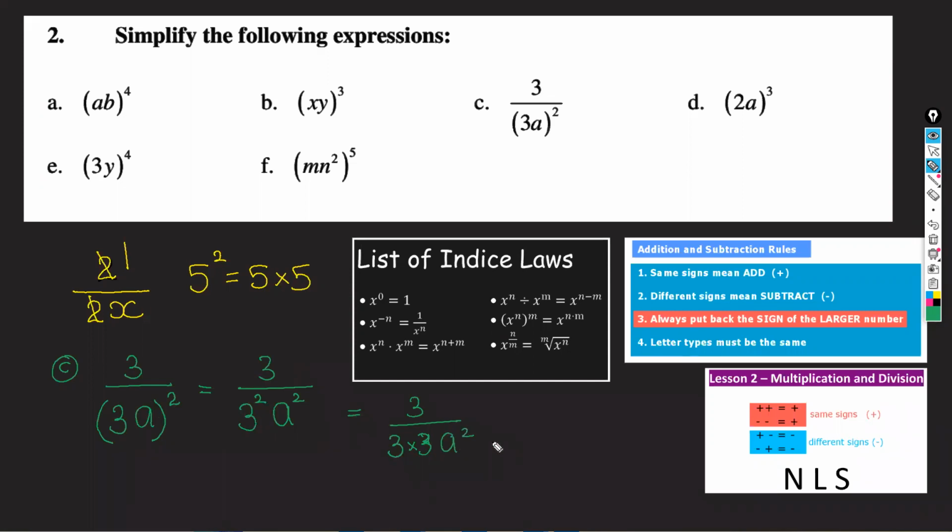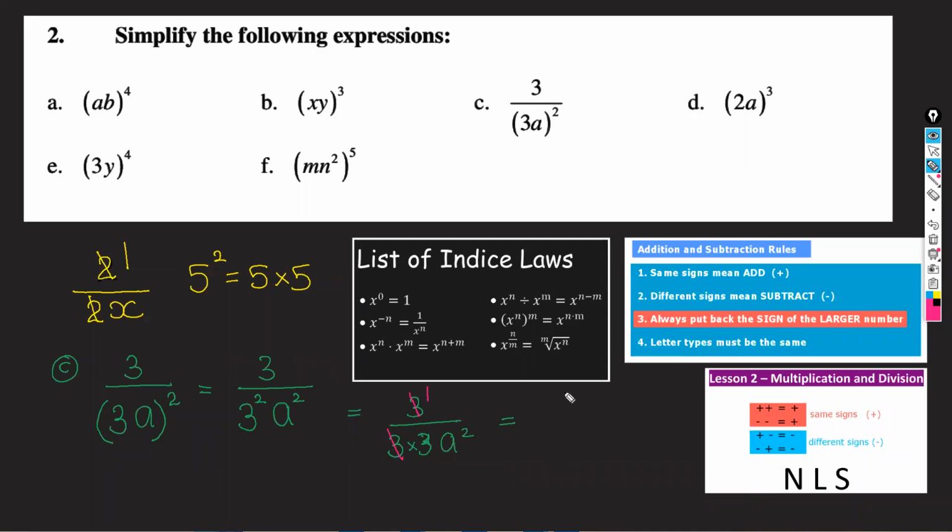Now, some people are getting the answer a little bit wrong. Isn't there some similarity on top and some similarity underneath? It has a 3 on top and 2 3s underneath. Won't it be possible for one of these 3s to cancel out with one of these 3s? It can't cancel out both because it's 1 for 1.